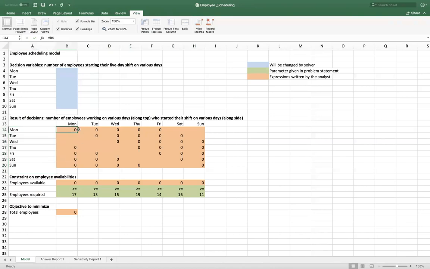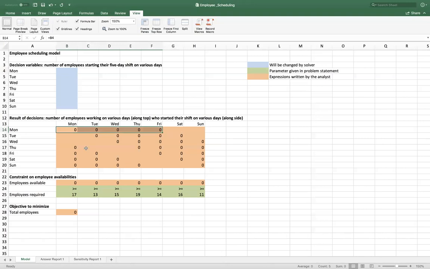If someone starts on Monday, they will be available on Tuesday, and you can see the formula. Just pay attention here: this is B4, and this is B4 too, and this is B4 too. So once the solver determines it, all of these are going to have the same number.